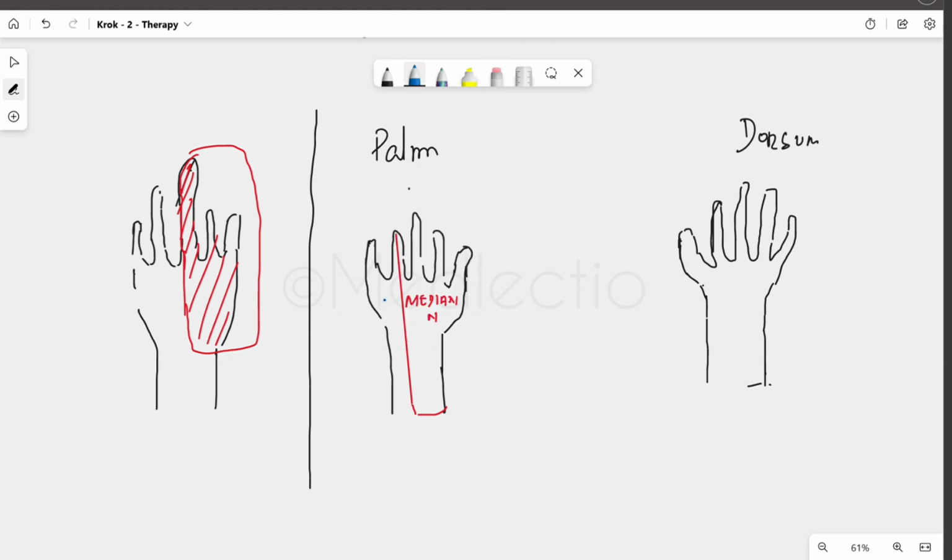This portion is supplied by our ulnar nerve.